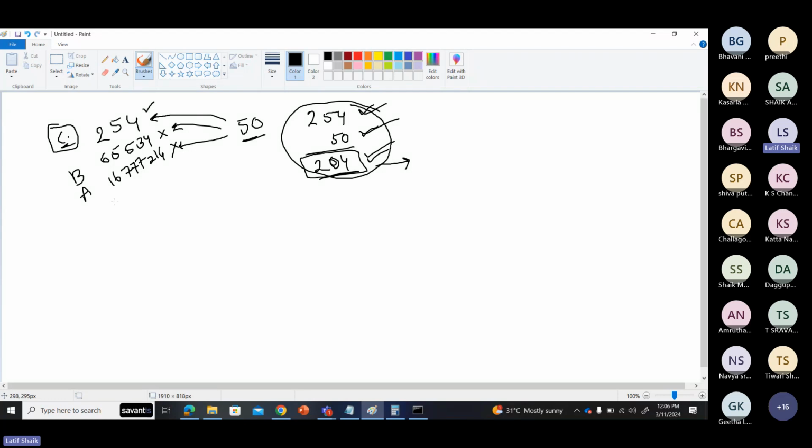For example, take this class C network, with IP address 200.10.20.0. This is a network. In this network you will get 254 hosts. I'll divide this network into two parts, four parts, or maybe eight parts, or maybe 16 parts. I can divide a network into multiple subnets.